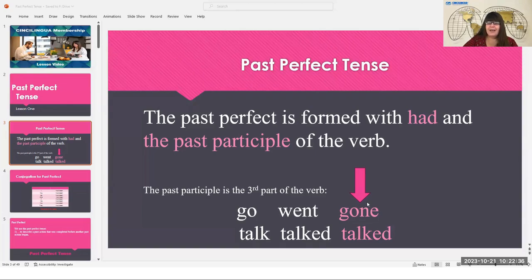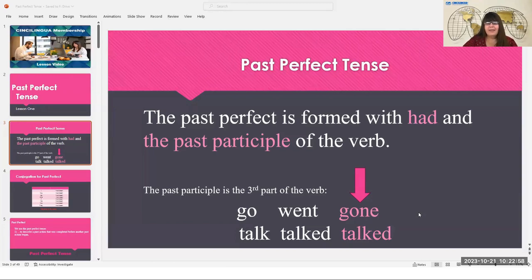And we always use the past participle in the advanced verb tenses. If we look at a regular verb, these are the verbs we just add ed. Talk, talked, talked. That would be the third part of the verb or the past participle.